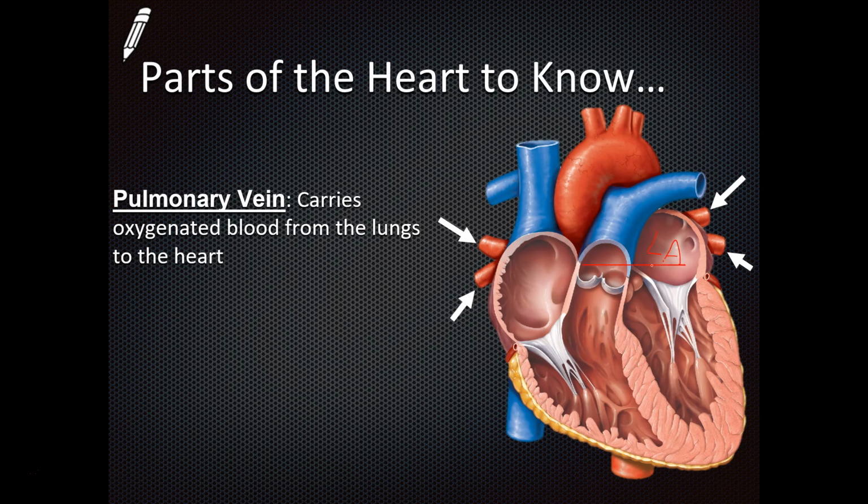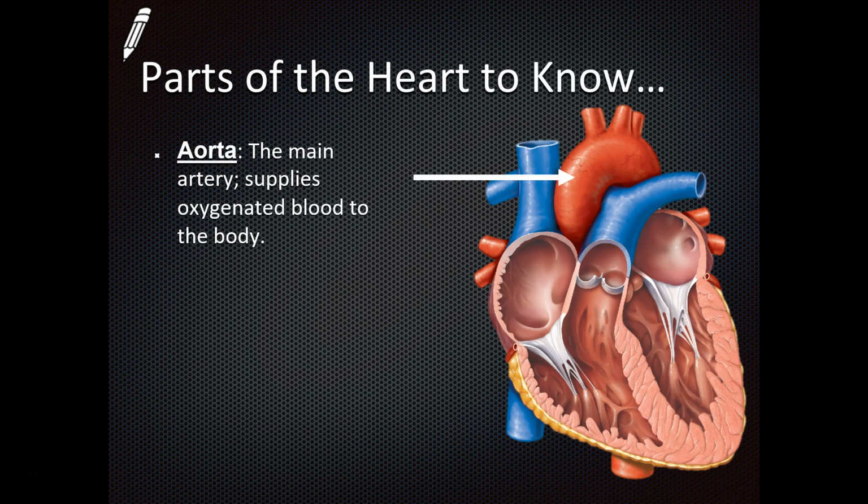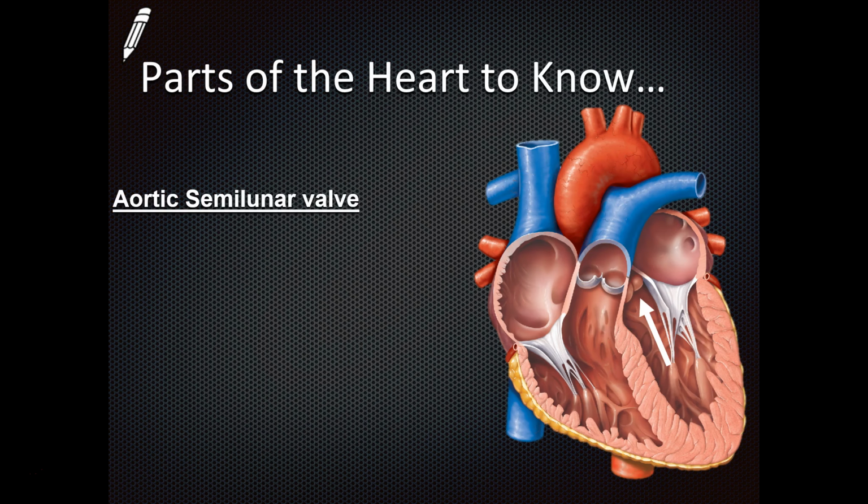Okay. And we have 4 pulmonary veins. 1, 2, 3, and 4. All 4 of those are inserting right into that atrium. Okay. Next we have the, go ahead and ignore that for now. This right here is the mitral valve.